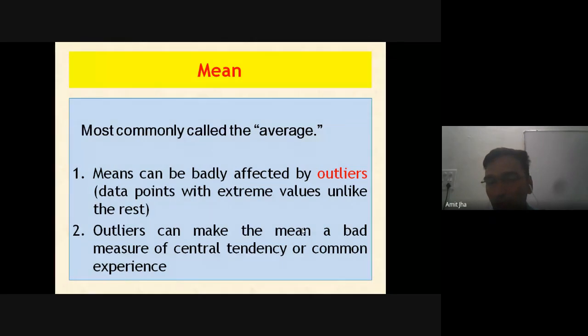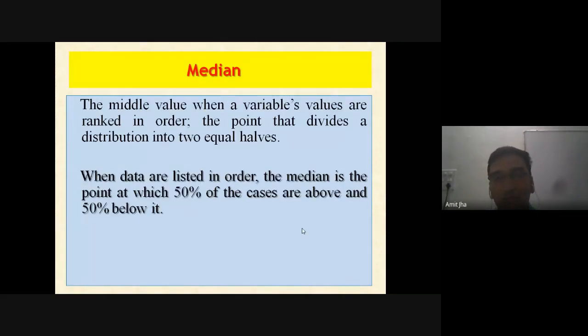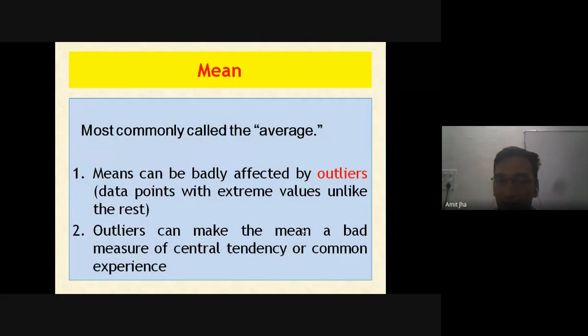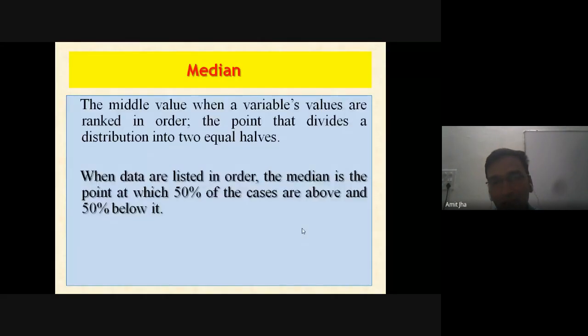And the important thing to keep in mind here is that outliers make the mean a bad measure of central tendency or common experience. For example, if we have a data set of say 100, and we exclude the 99, then the mean of the data, on the inclusion of that, will show a huge difference. So that's why the mean is a bad measure once an outlier is there.